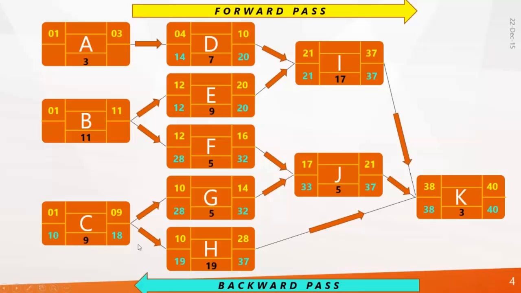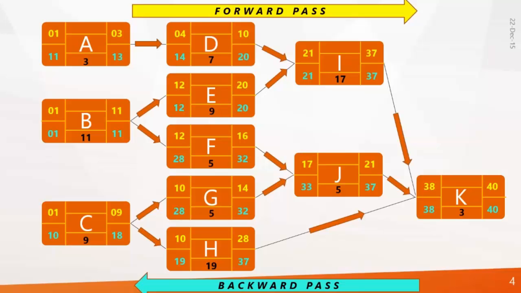The same calculation goes for B, which makes 11. So in the backward pass, the complete reverse calculation of the forward pass gives you the late start and late finish. Right?